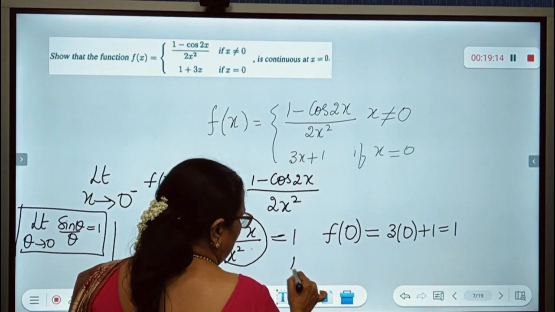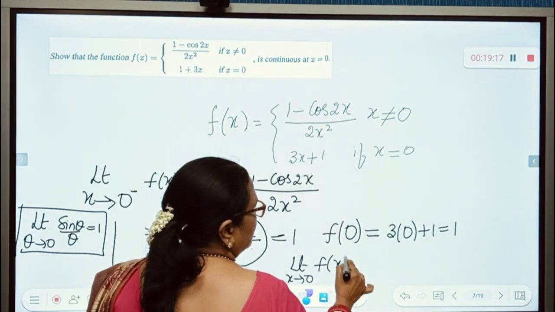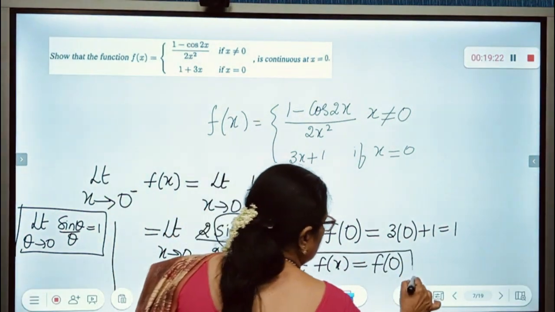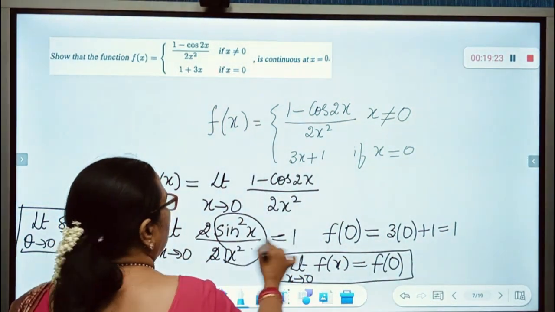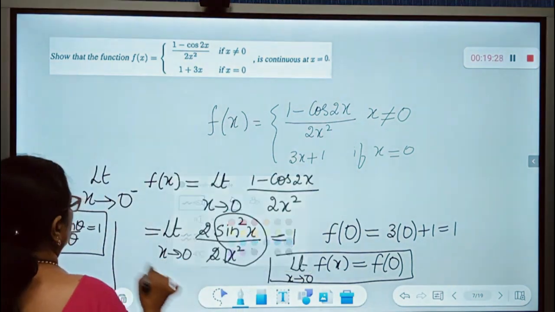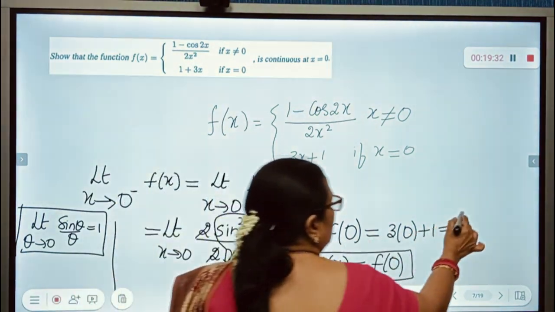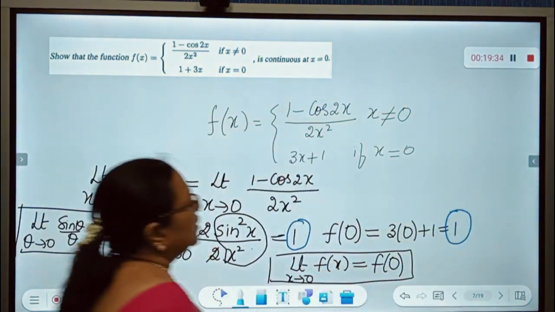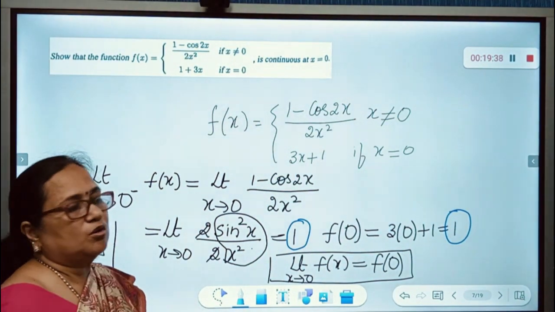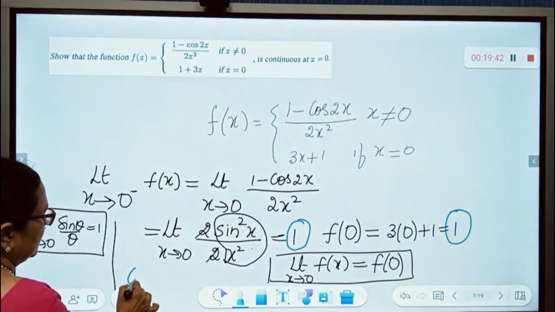So the limit as x tends to 0 of f(x) is equal to f(0). It exists and it is equal to 1, and f(0) is also 1. Therefore, the limit exists and is equal to the value of the function at x equal to 0. Therefore, this function is continuous.